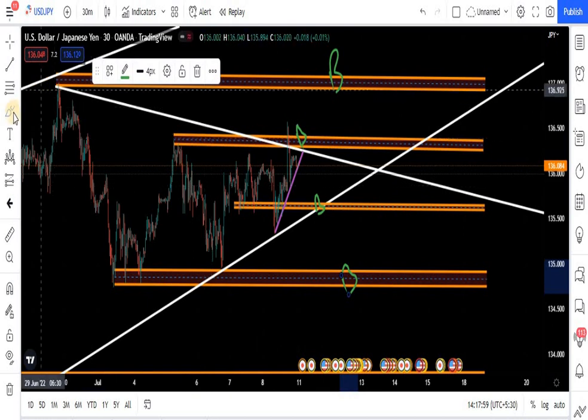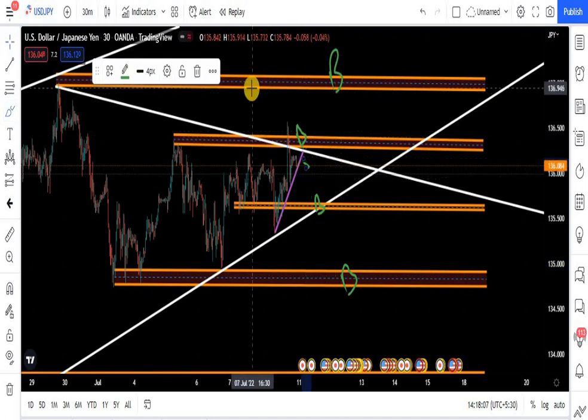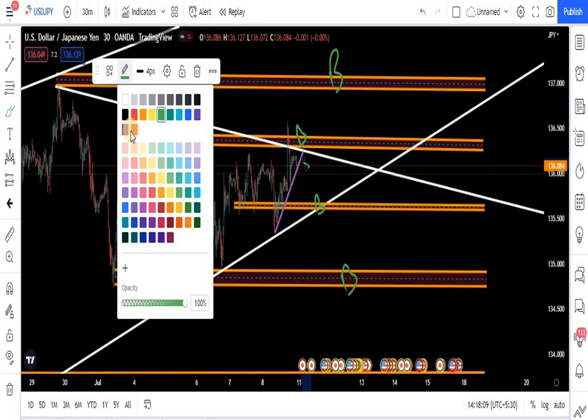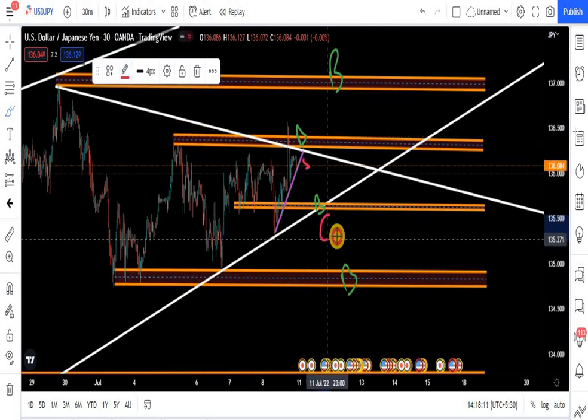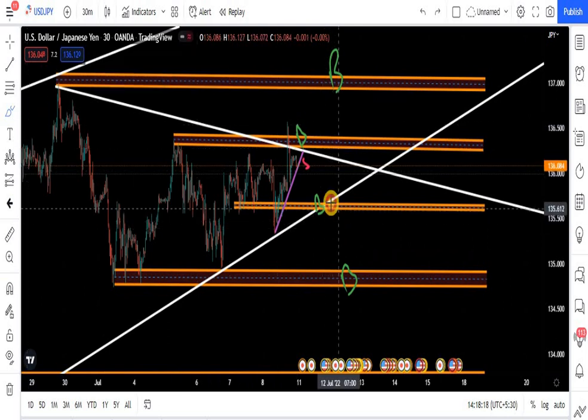This is the area. And for sell, where do we look for sell? We look for sell at this area. This area. If it is rejecting this zone, we look for sell.